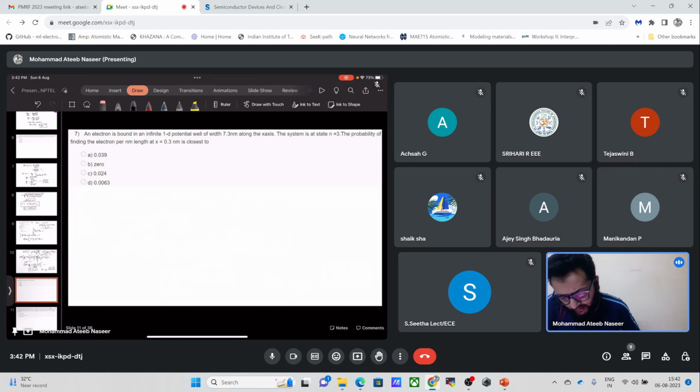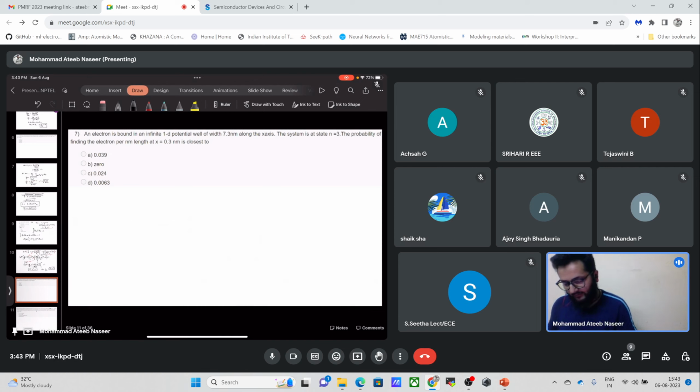We have been told to find the probability for this electron per nanometer length at a particular value. Since this wave has a probabilistic nature, we cannot say that the wave is present at a particular position. There has to be some probability associated with the wave for being present at a particular position, and this probability governs the amount of presence of the wave at a particular x coordinate.